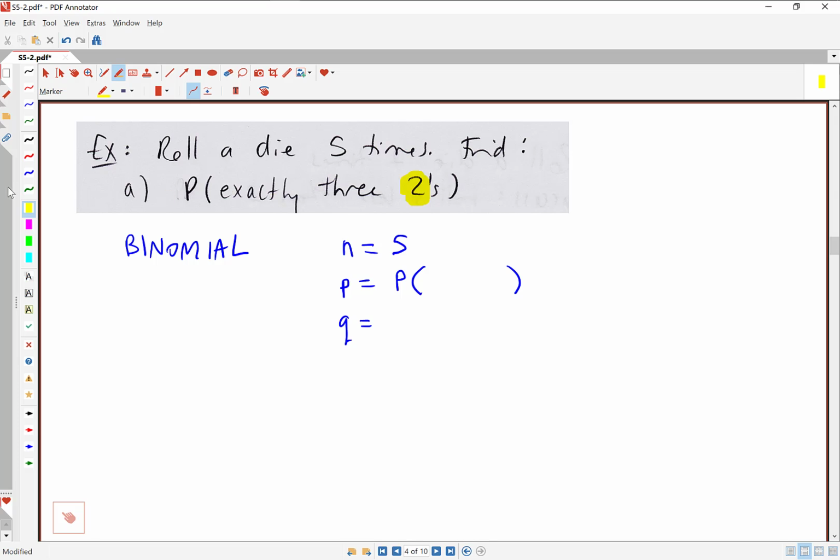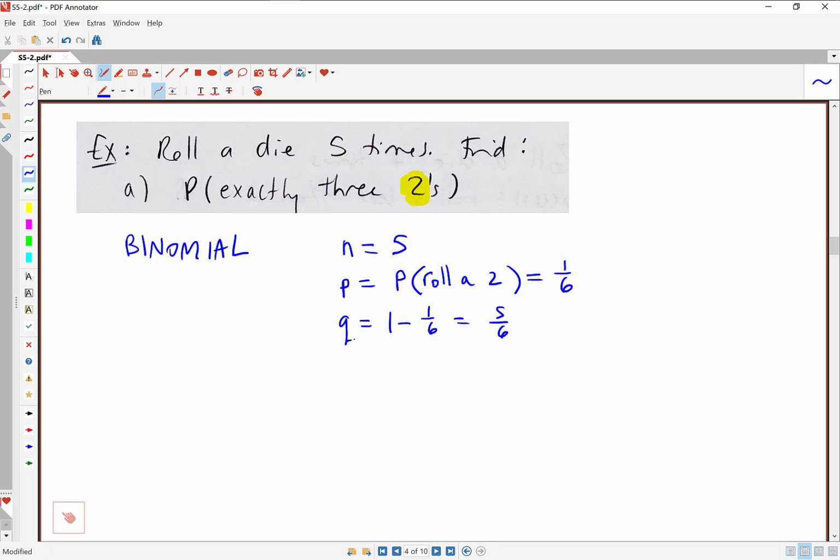So what we're going to consider a success here is rolling a 2. Right? So to calculate P, we're just asking, what's the probability that we roll a 2 on a single roll of the die? Well, that would be 1 way out of 6. And then once you've got P, then you can get Q quickly by just saying it's going to be 1 minus P. So 1 minus 1 out of 6 would be like 6 out of 6 minus 1 out of 6 is 5 out of 6.